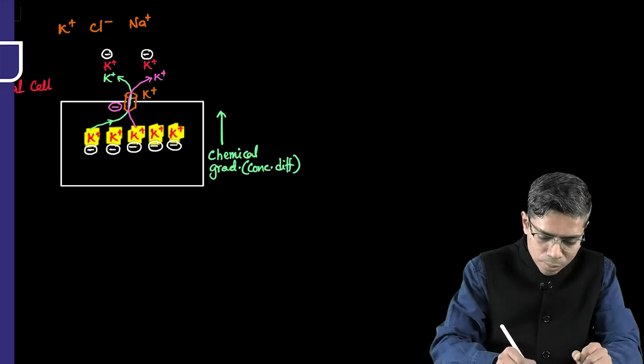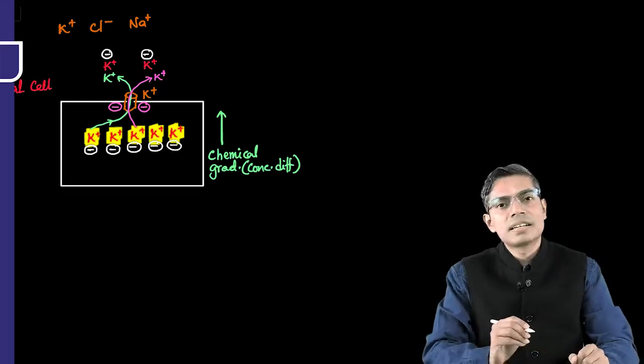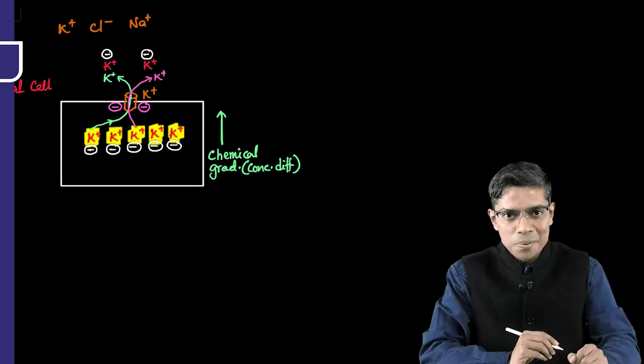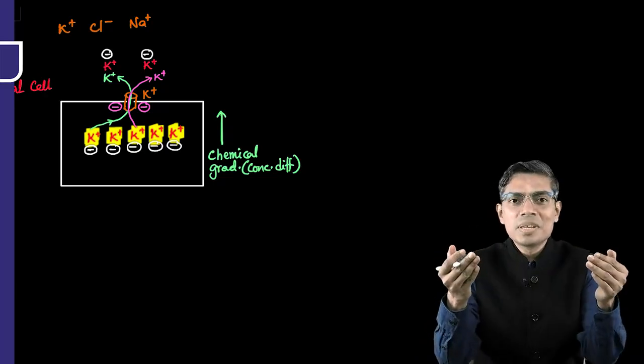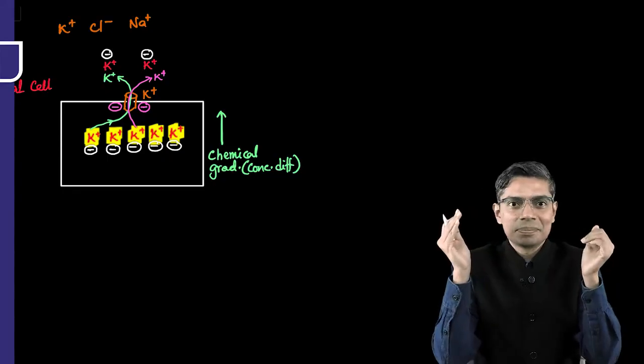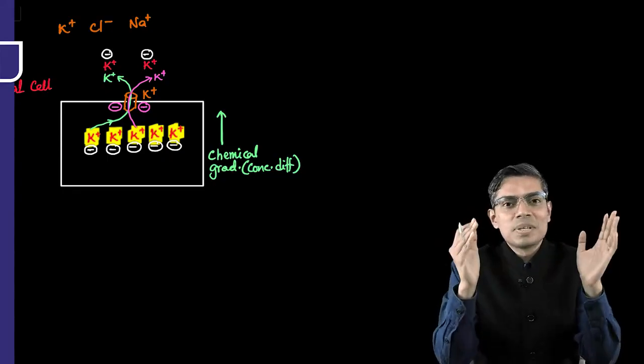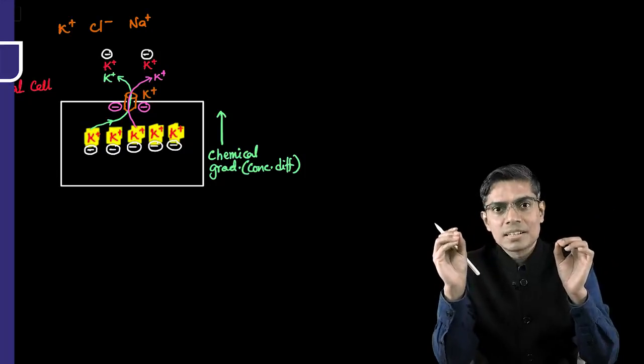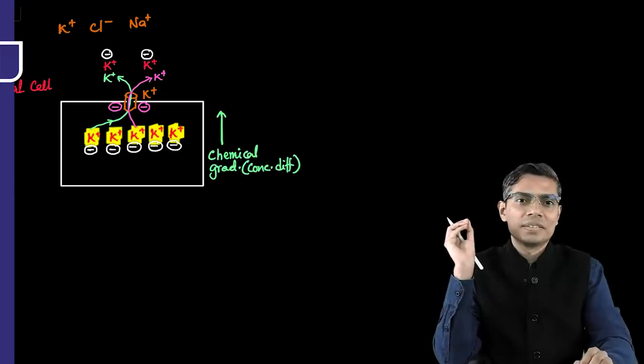More and more negative charge will be deposited in the inner leaflet of the membrane. Getting my point? So potassium is moving due to concentration gradient. More and more potassium is moving out. Corresponding negative charge is depositing on the inner leaflet of the membrane.